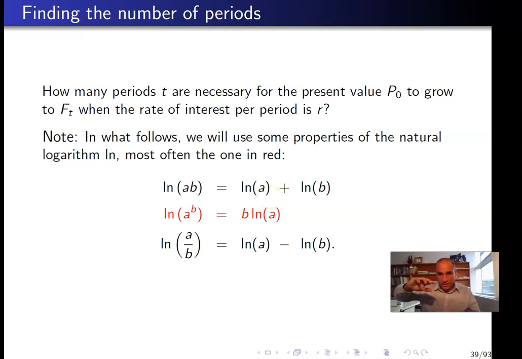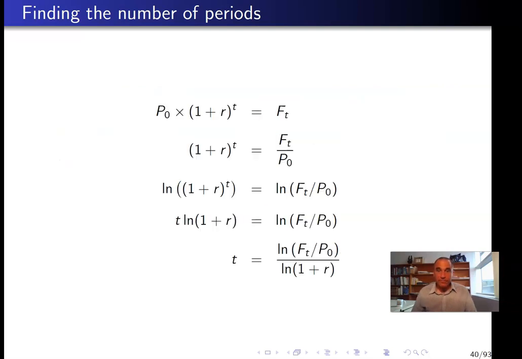Because in fact I'm looking for the exponent of something. When I multiply two terms, I always add. If I multiply the same number to different powers, I'm actually taking this number to the sum of its powers. So this is why we can do these transformations with the logarithm.